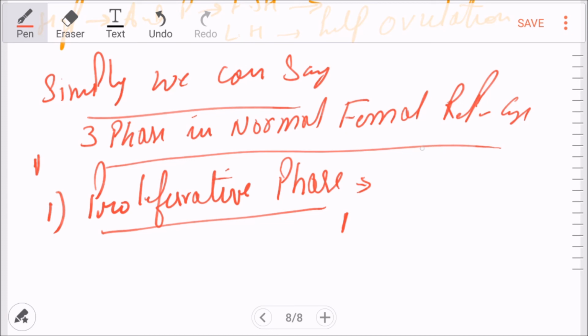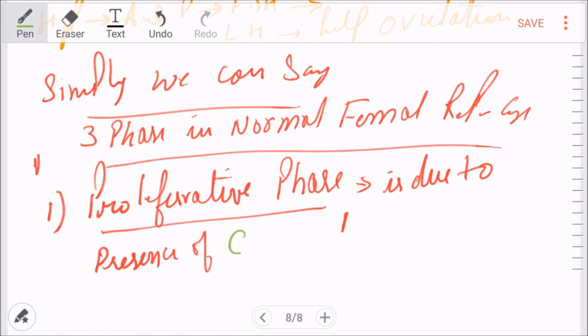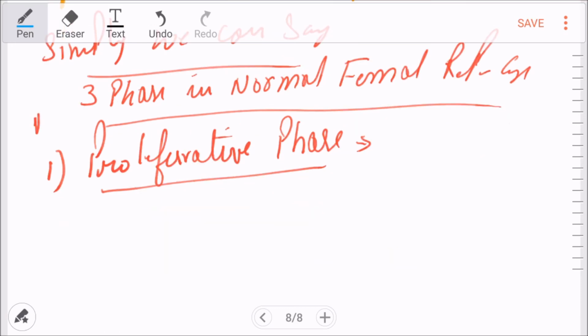The proliferative phase is due to the presence of the estrogen hormone. Please keep in mind the proliferative phase is due to estrogen hormone.